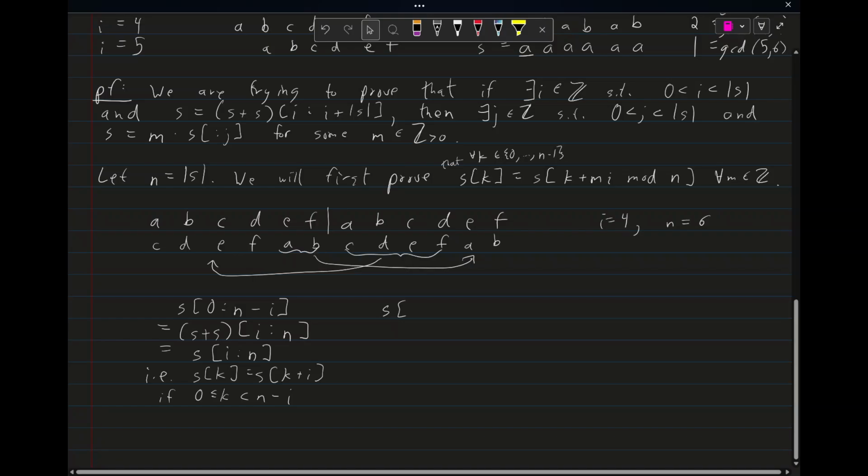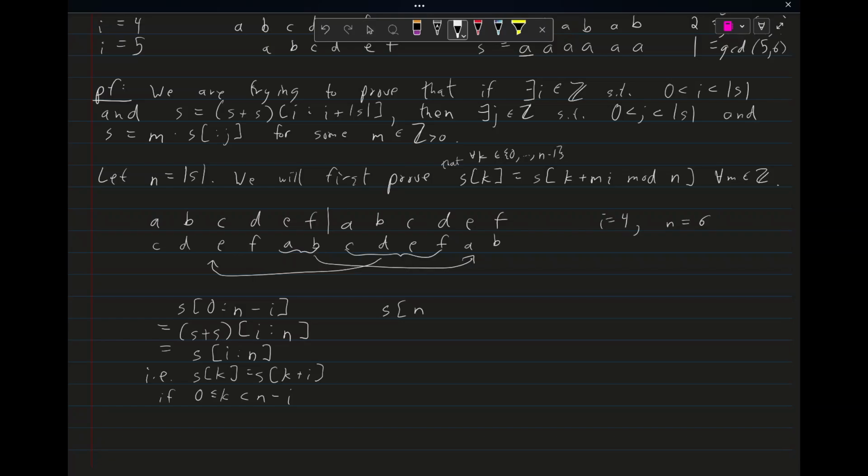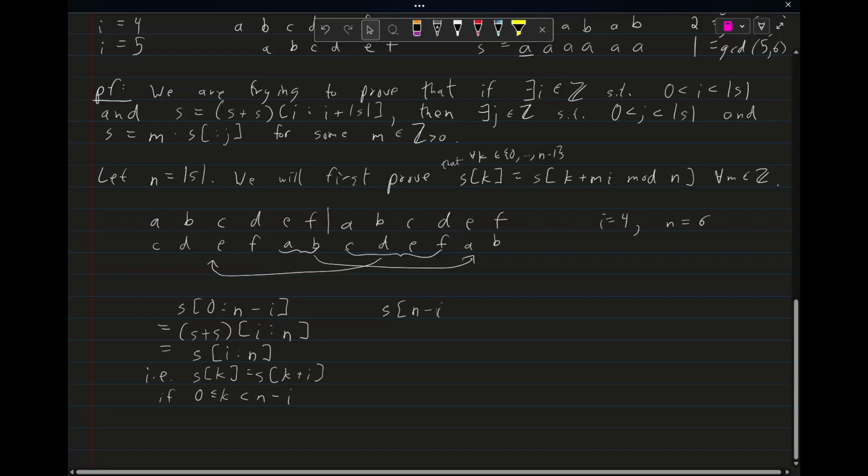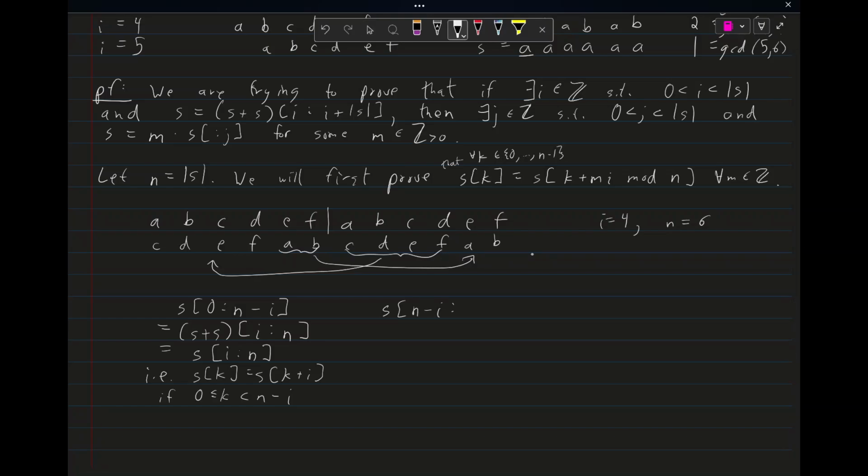Okay, so it's n, no, it's i. No, it's n minus i. This makes perfect sense because the previous statement was about indices up to but not including n minus i. So this should be a statement starting at n minus i and going up to wherever C, D, E, F ends, which is the end of the string S. I'm going to explicitly write that as n.